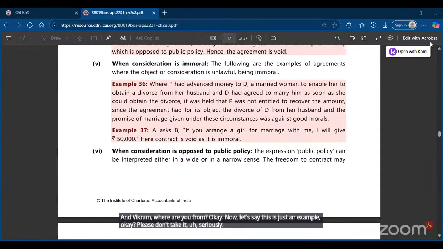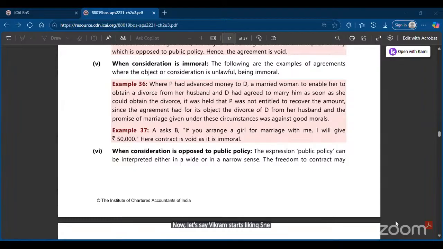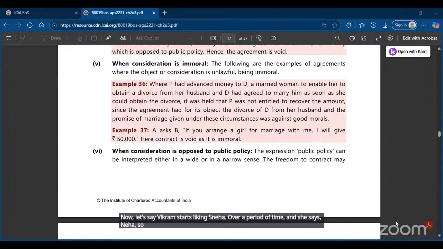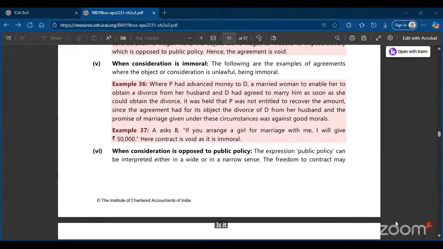Sneha, your video's on, no? Yes, sir. I'm just giving an example, okay? Vikram likes you, simply an example, don't take it seriously.